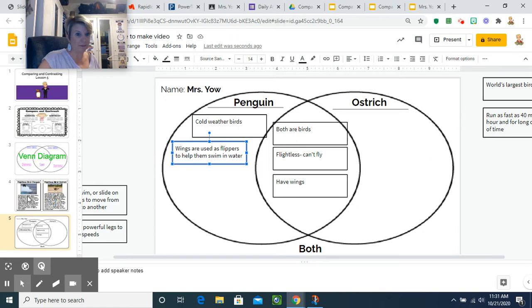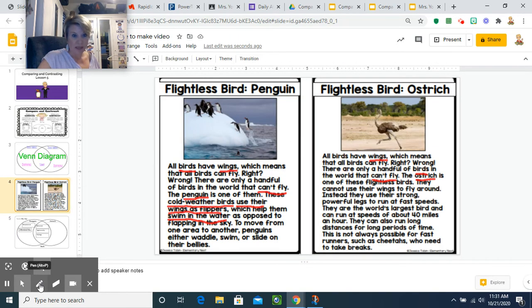All right, let's go back to my story. And as opposed to flapping in the sky, is what we said about the flippers and the wings. To move from one area to another, penguins either waddle, swim, or slide on their bellies. So I think that's probably something that's different.